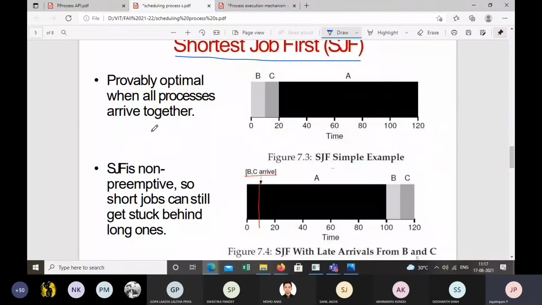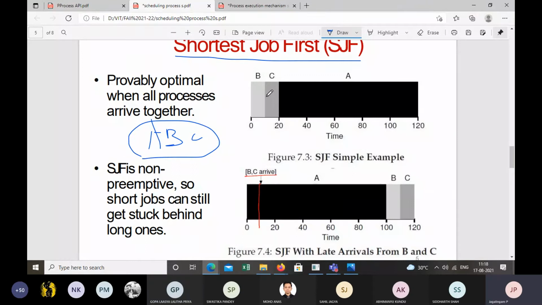We have process A, process B, process C, all arriving at the same time. Now, it makes sense to finish process B and process C first. Why? Because they take a shorter time to execute when compared to A.